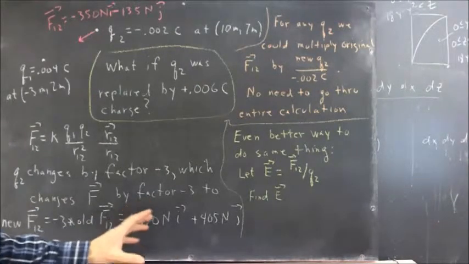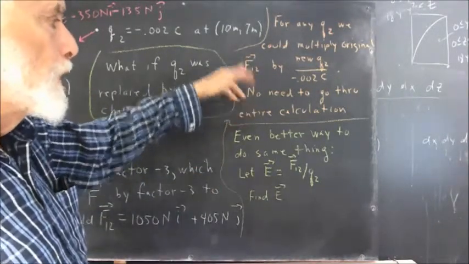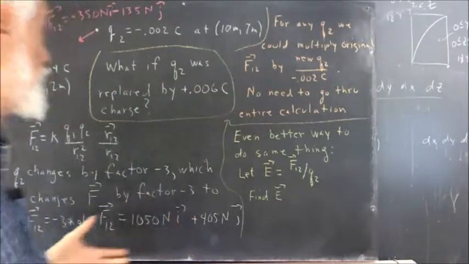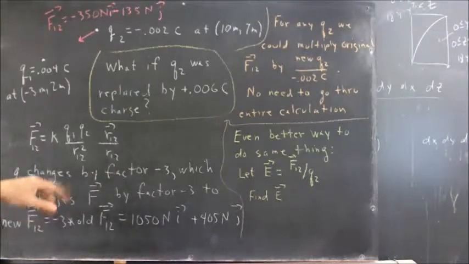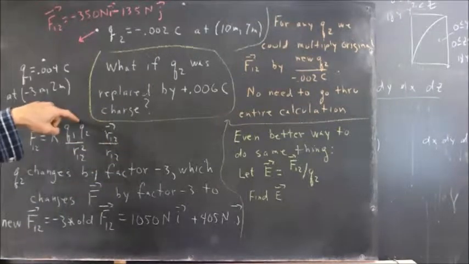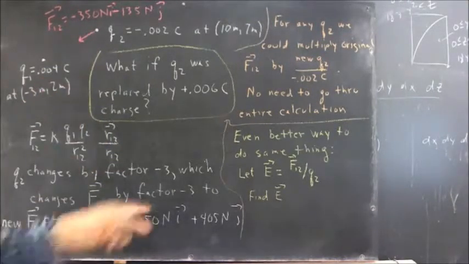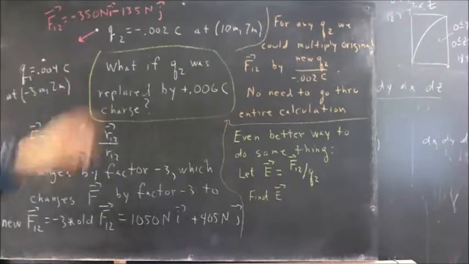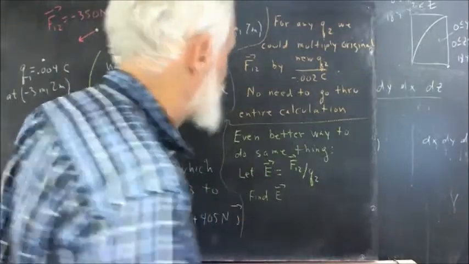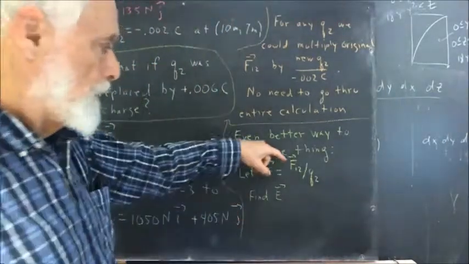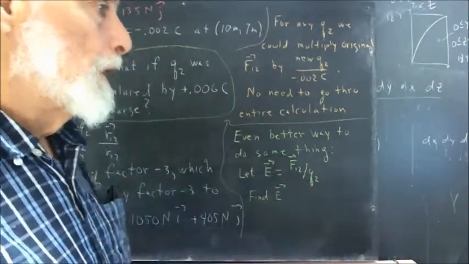Okay, and the point is there's no need to go through the entire calculation using Coulomb's law, because everything is the same except for Q2. That suggests an even better way to accomplish the same thing. I'm going to let E be F12 divided by Q2.